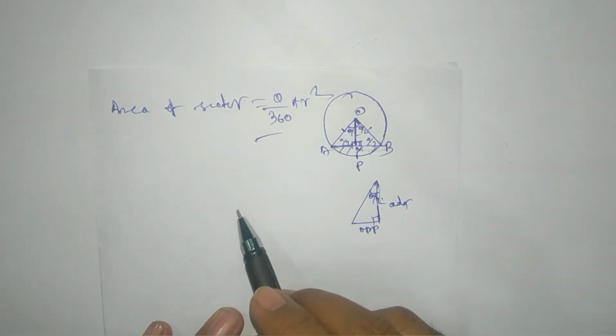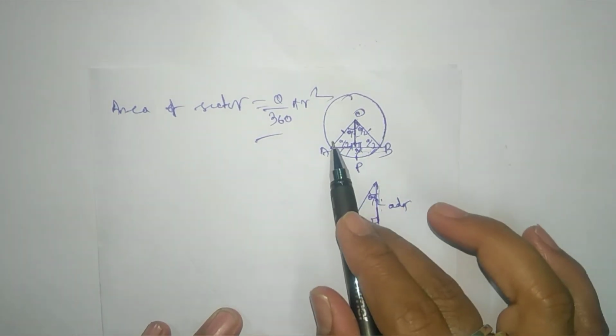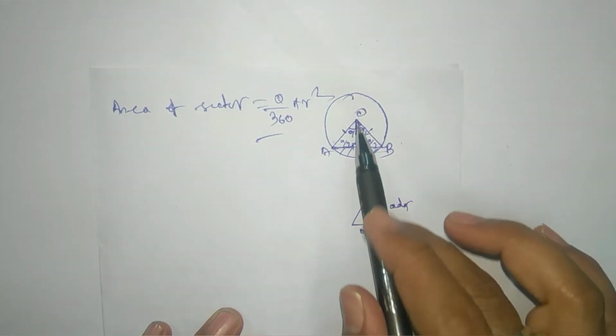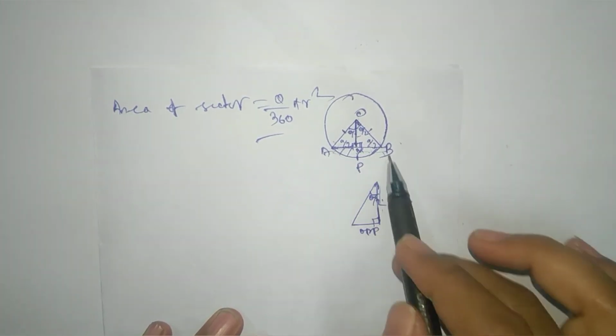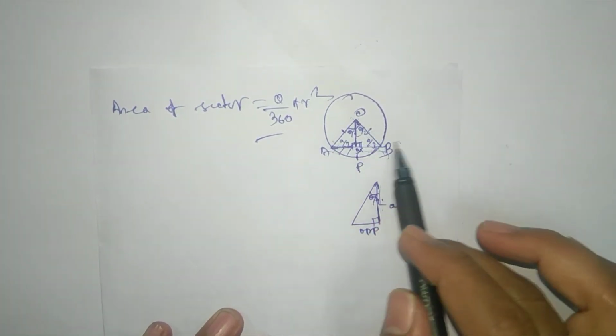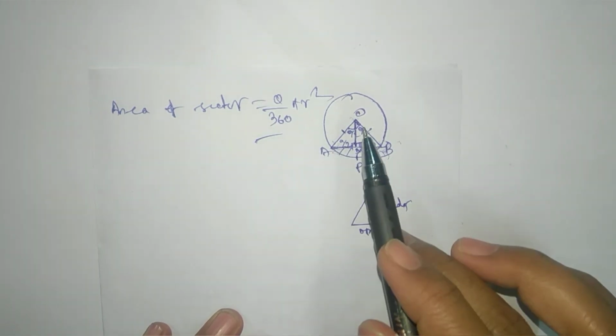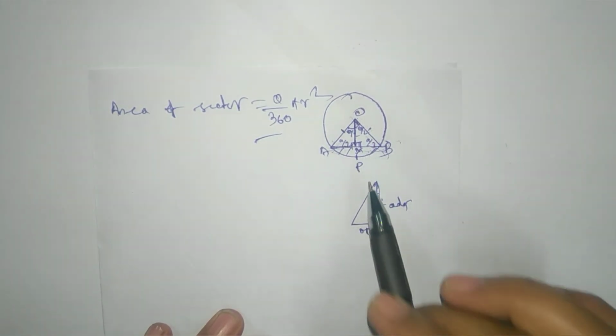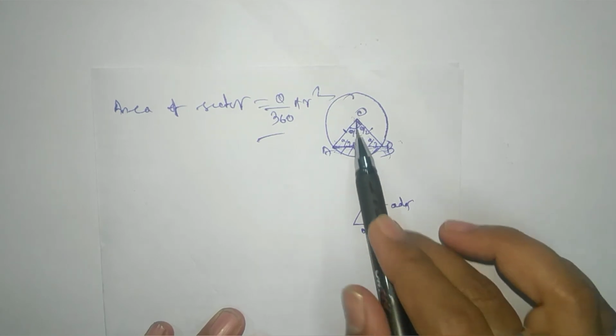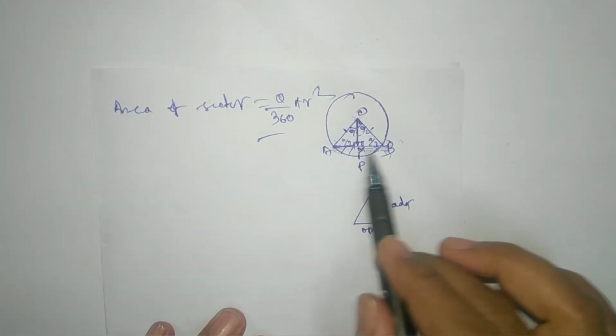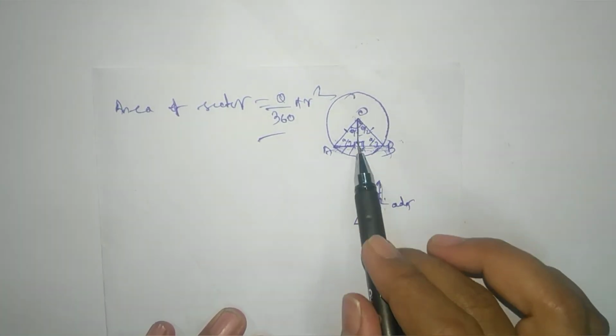Why? Because area of segment equals what? Area of sector, whole thing, minus area of triangle, and the area of triangle is what? Half into base into height.